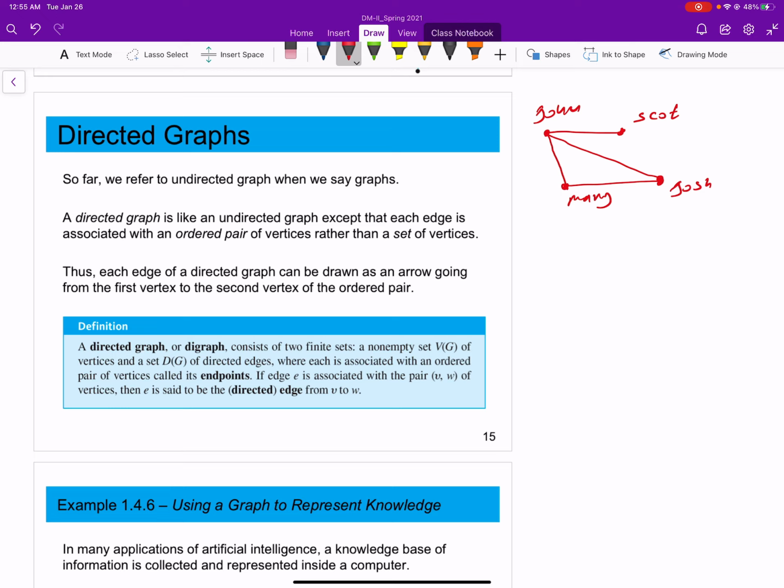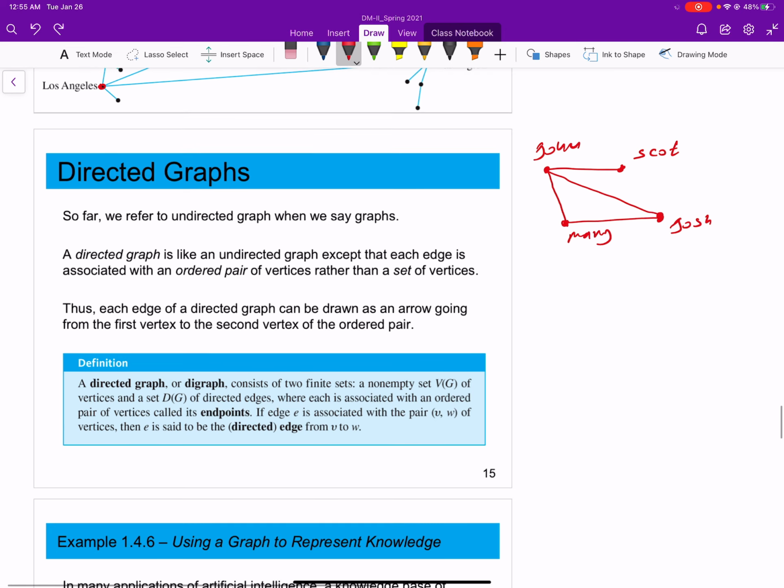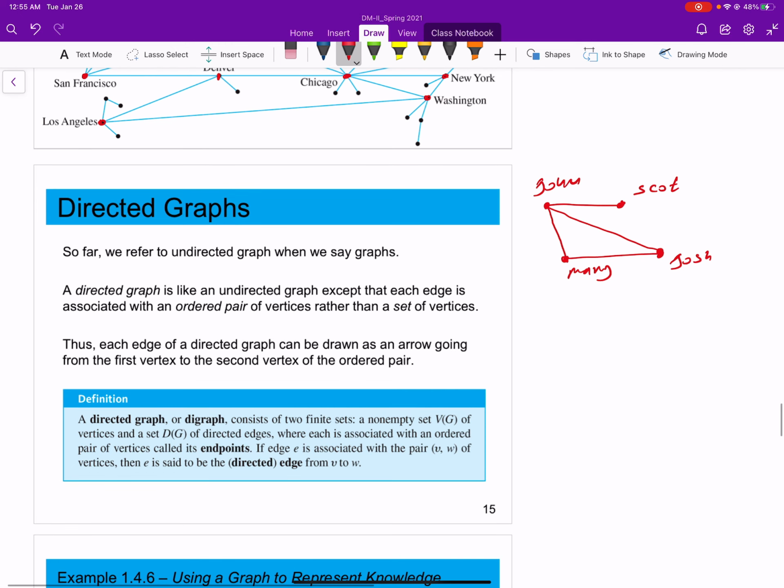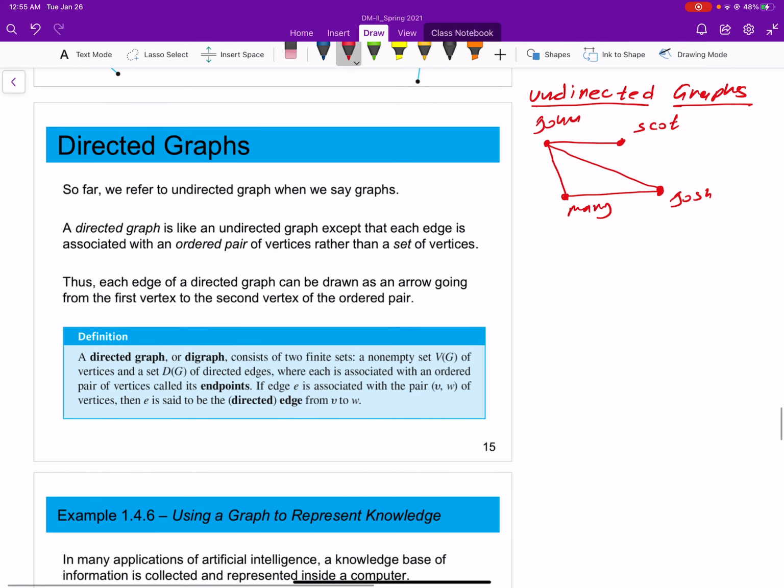It doesn't matter whether it has arrows or not, because this is a friendship network. Arrows are not important. Such a graph is called an undirected graph. Now let's talk about directed graphs.